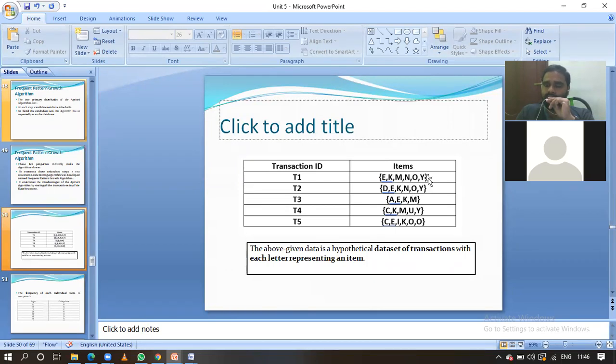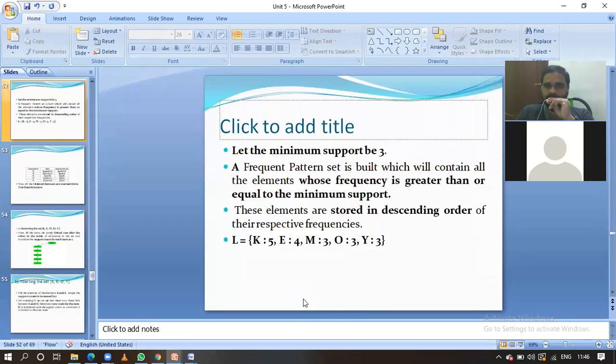Likewise, each alphabet represents one item. Here overall five transactions are there, and the items purchased in each transaction are represented in the form of alphabets. The minimum support is also provided as input. What is the minimum support they have provided? That is 3.